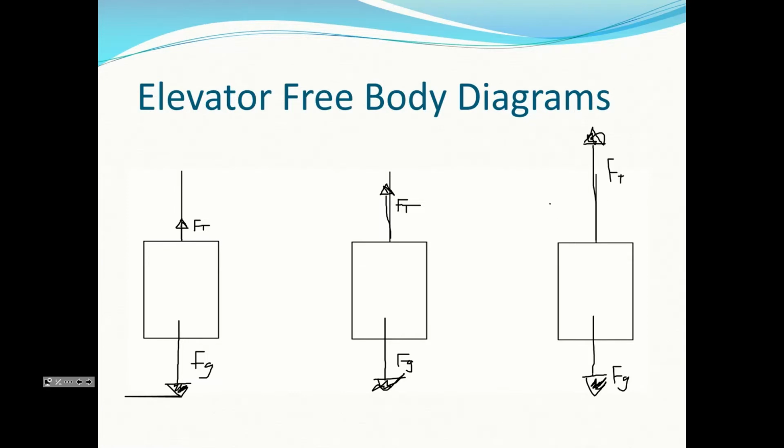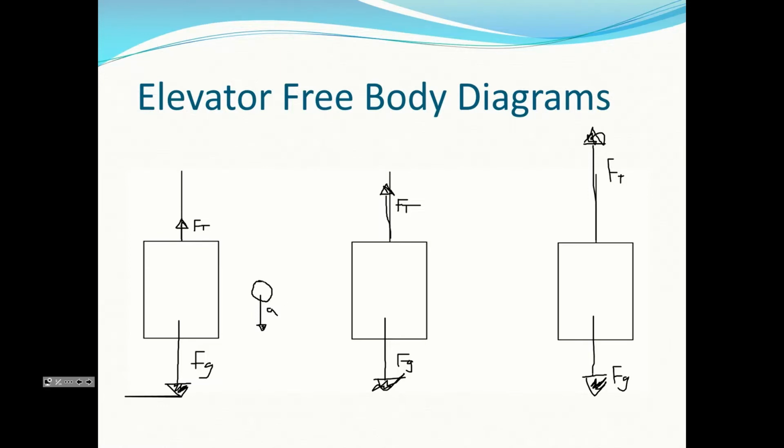Depending on which of these scenarios is happening, it affects how the elevator moves. So in this situation, if I draw a little vector diagram here, my net force is towards the bottom because Fg is bigger than Ft. So if my net force is towards the bottom, my acceleration is down. But my velocity could be either up or down.